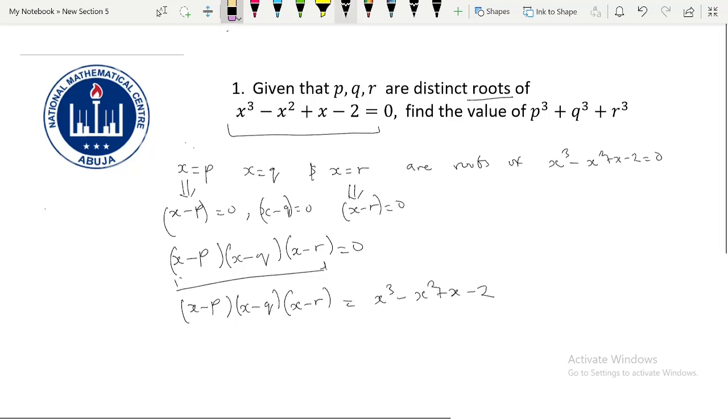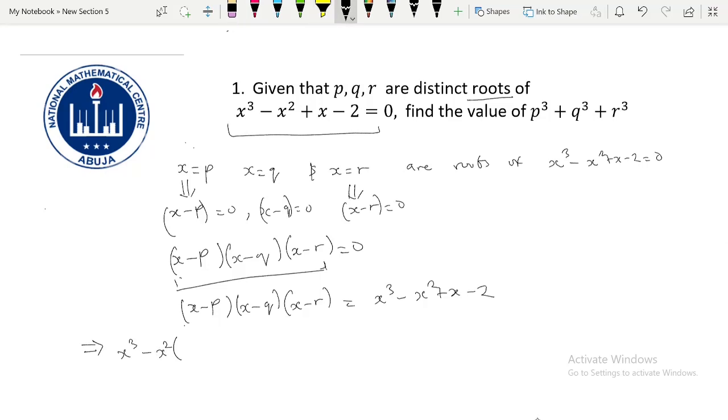So if I expand this left hand side now, I'll have x cubed minus x squared into p plus q plus r, then plus x into pq plus pr plus qr, minus pqr equals this, right? I'm not going to spend too much time expanding that.